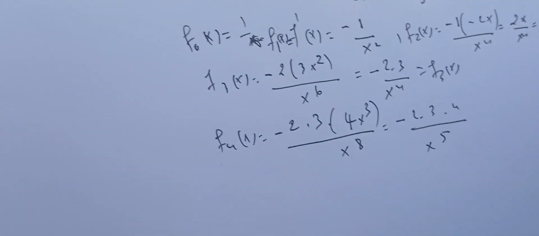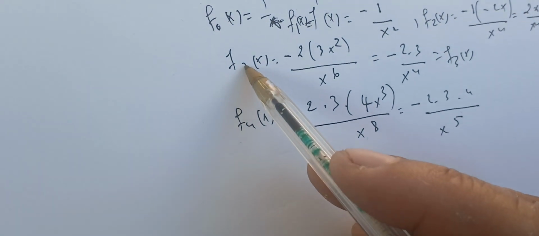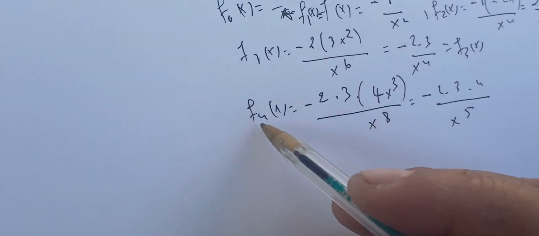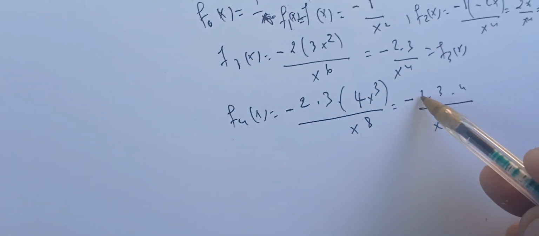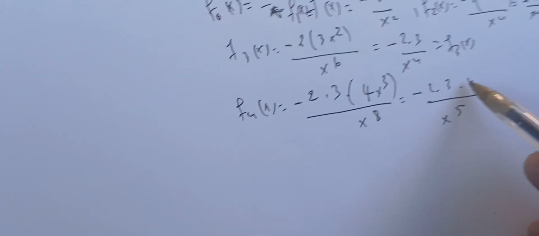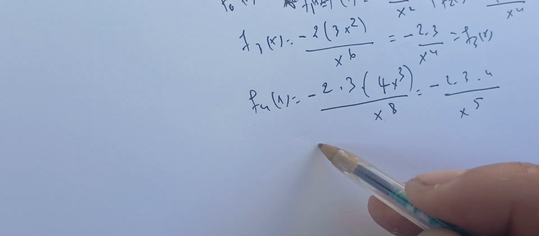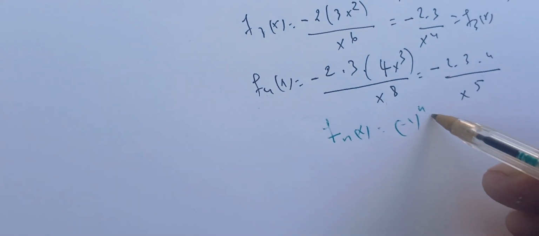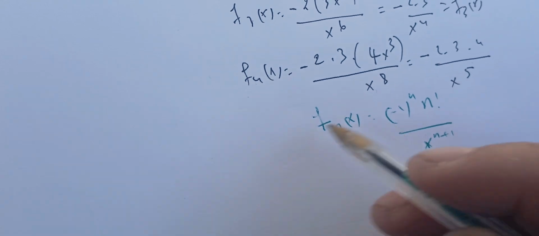And therefore, I can find a relationship between this n and the derivative in general. So here, this is 4. So here, x to the power 4 plus 1. And this is just minus 1 times 2 times 3 times 4, which is the factorial. So I can assume that my fn of x will be minus 1 to the power n times n factorial over x to the power n plus 1.